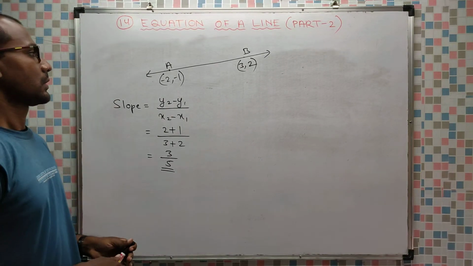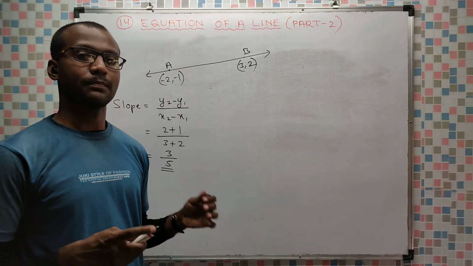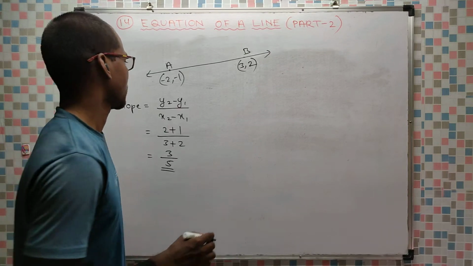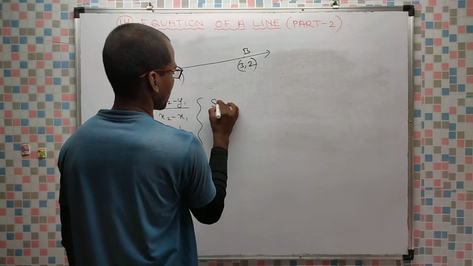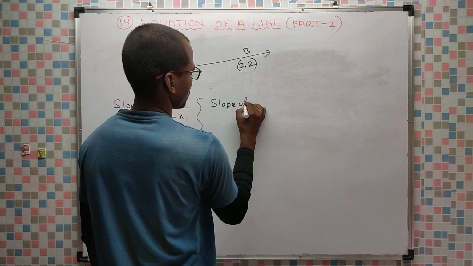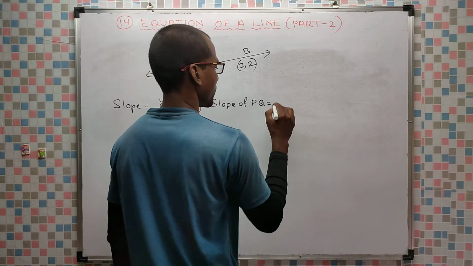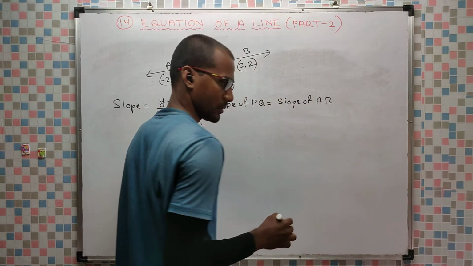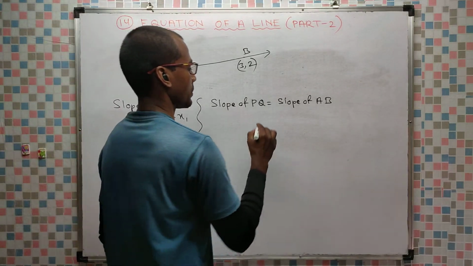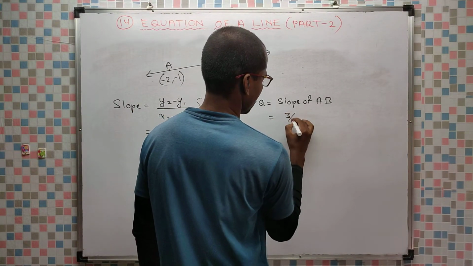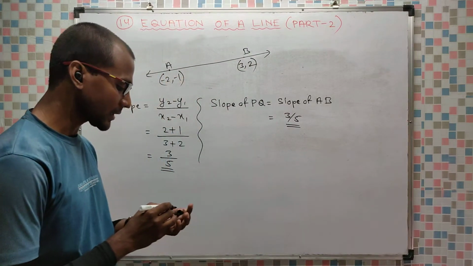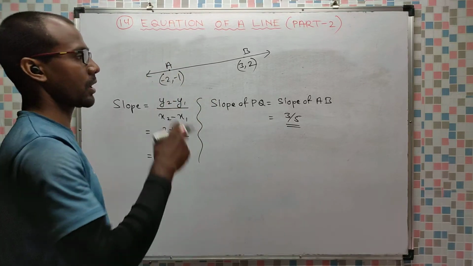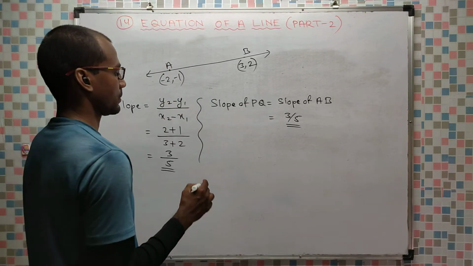Next part. Find the slope of the line PQ which is parallel to AB. So slope of PQ should be equal to slope of AB, as they are parallel then slope same. So that is equal to again 3 by 5. Next, find the slope of another line MN which is perpendicular to the line AB.